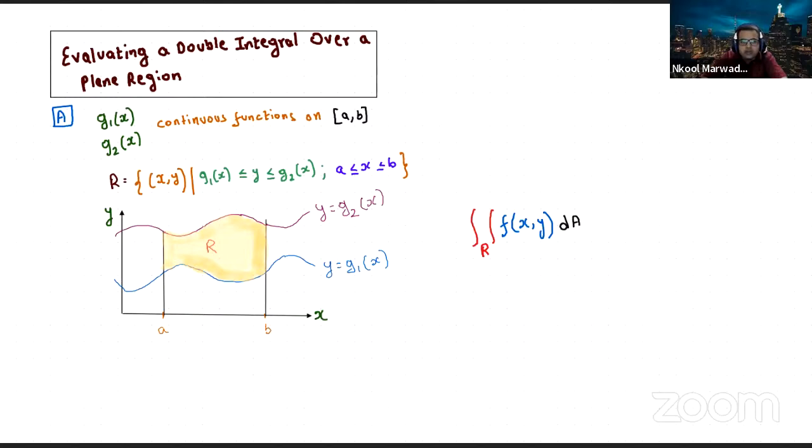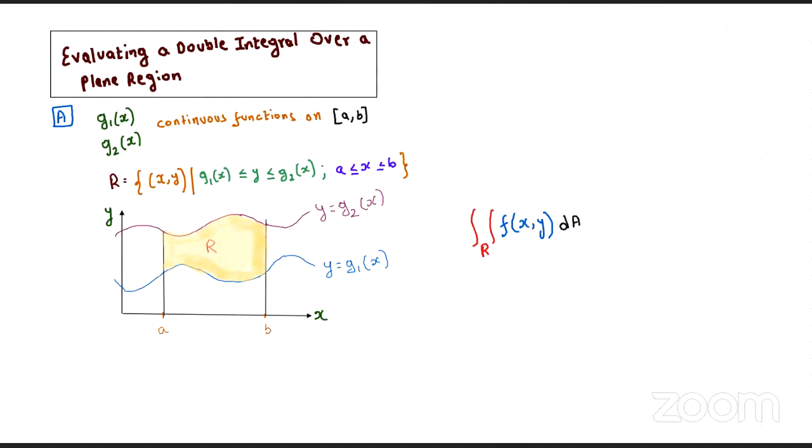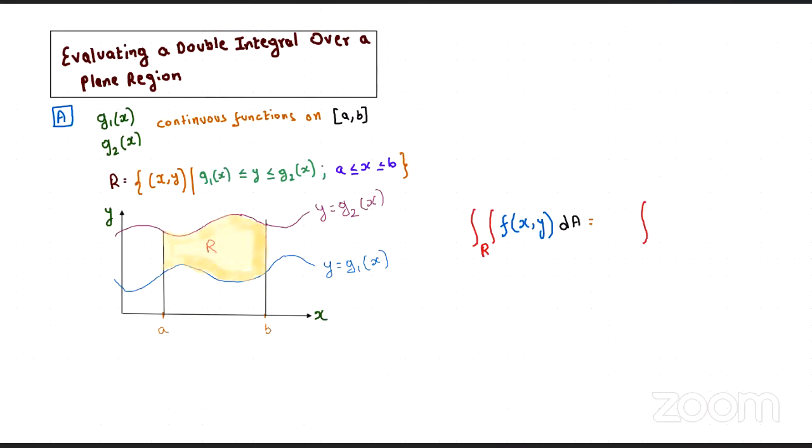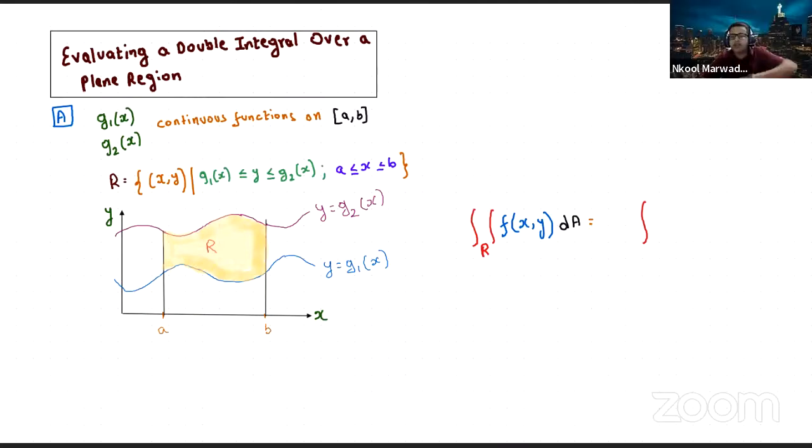First we integrate the inner function, and the result of it we integrate with the outer function. The inner integration we do from g1(x) to g2(x). First we are integrating with respect to y, and y goes from g1(x) to g2(x).